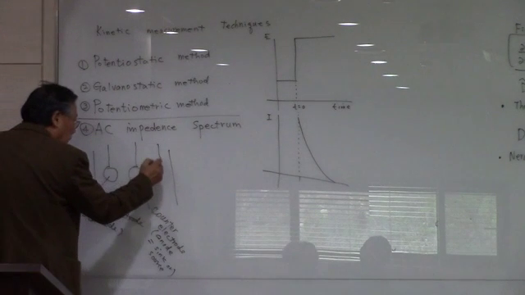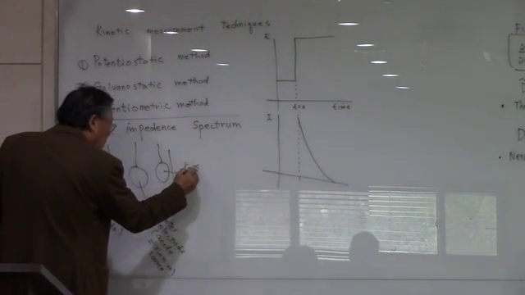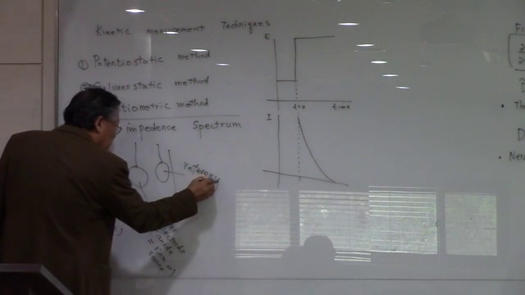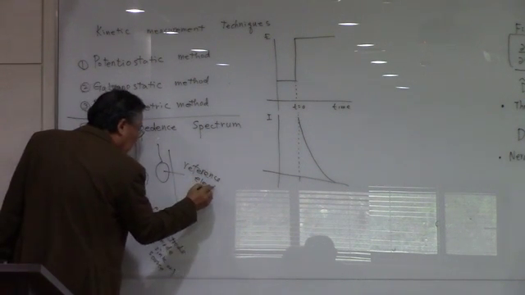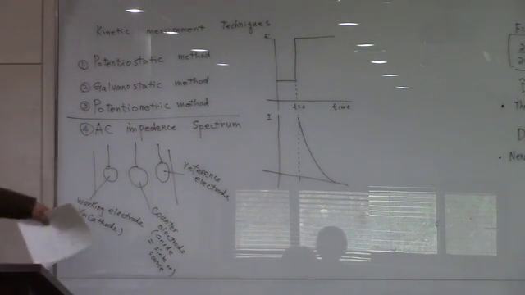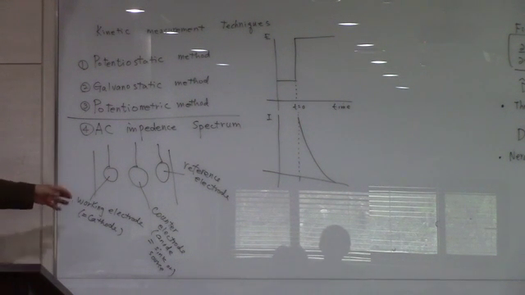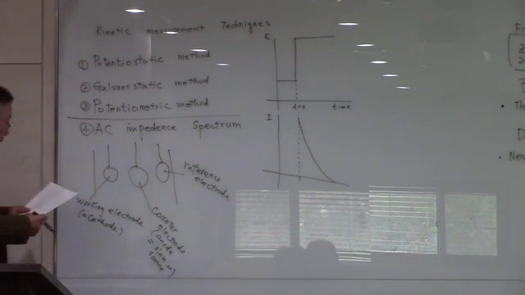And we usually have another electrode here, called the reference electrode, to measure the voltage or current on the cathode with respect to the reference electrode.